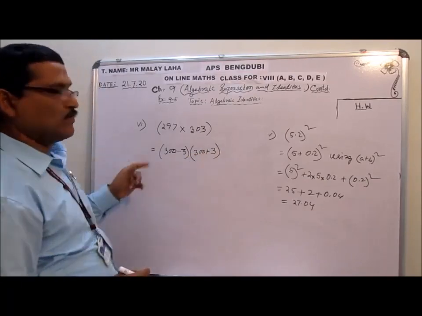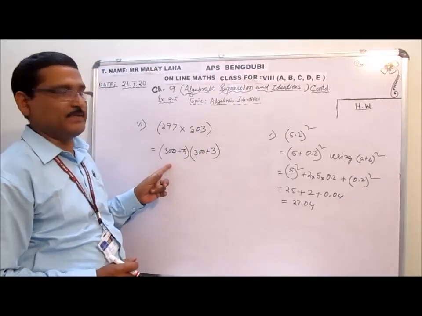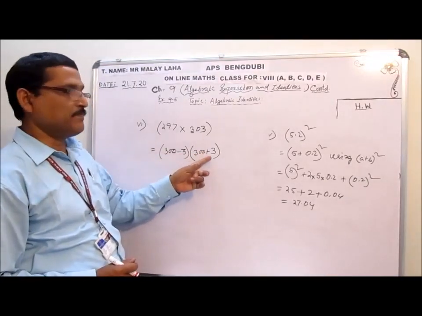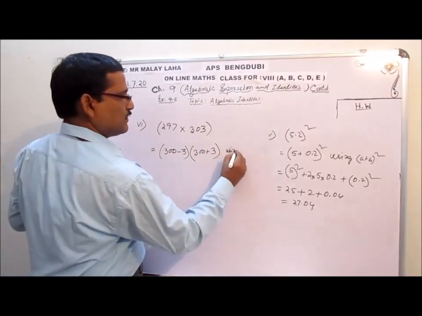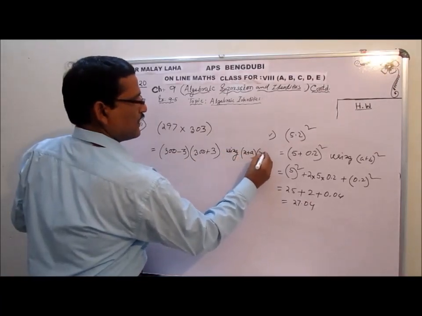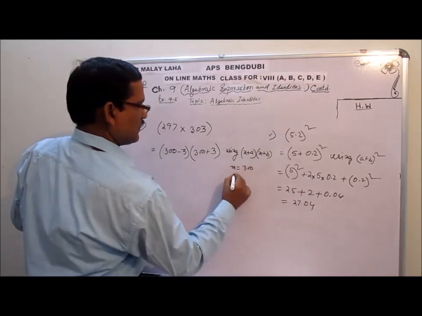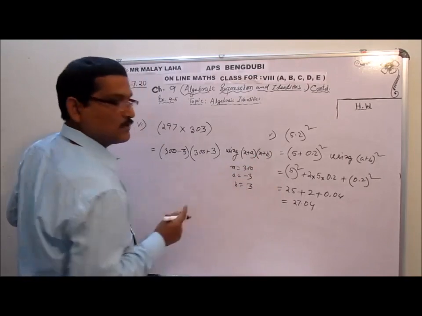Then what identity is it following? (x plus a) into (x plus b), where x is 300, a is minus 3, b is plus 3. You will write this down.